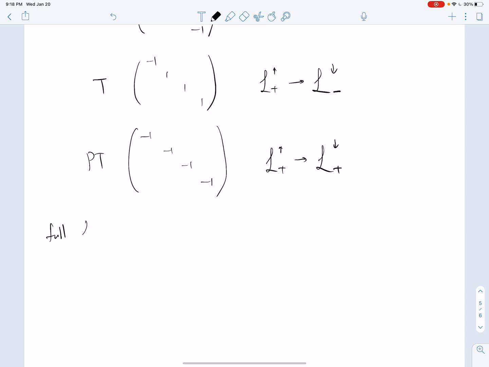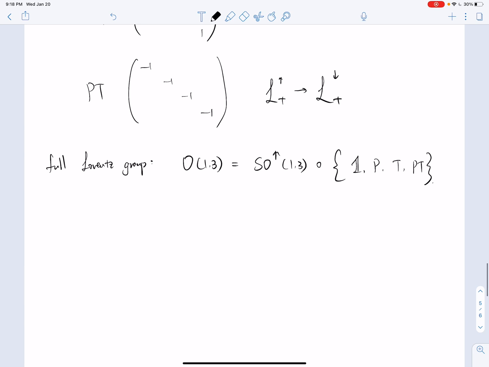So the full Lorentz group, normally called O(1,3), is a product of our Poincare group, SO(1,3) with the upper arrow for orthochronous, times this other group, which has 4 elements: the identity, parity, time reversal, and PT.